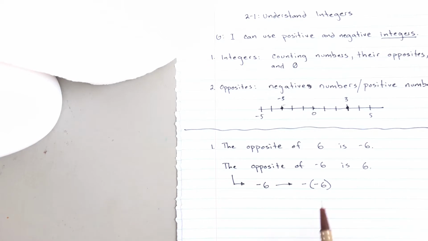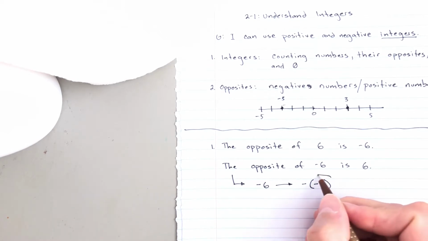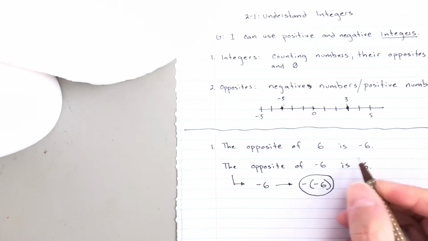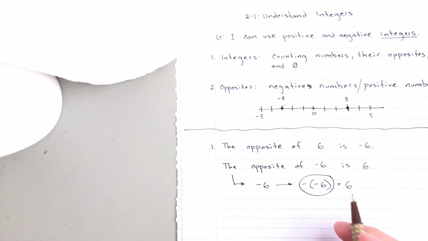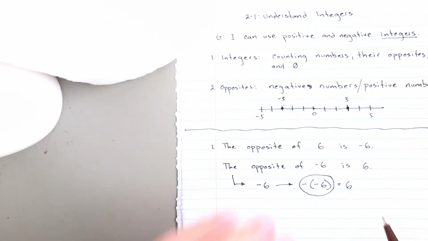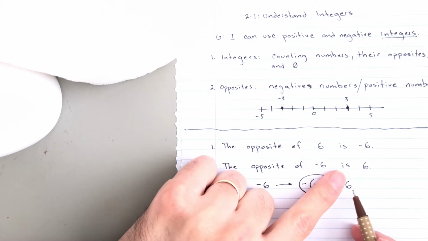Either way, this right here, circle it, is the same thing as just saying +6. I know. It's confusing. So the opposite of -6 is 6. So if you want to do a +6 or a positive number, you can write it as this, just like we normally write it, just a regular number.